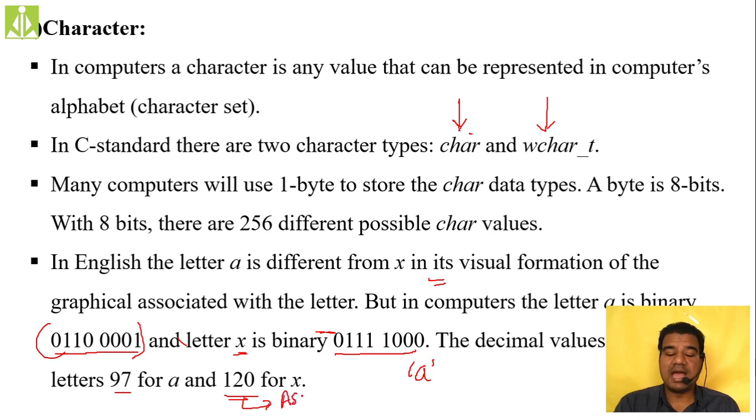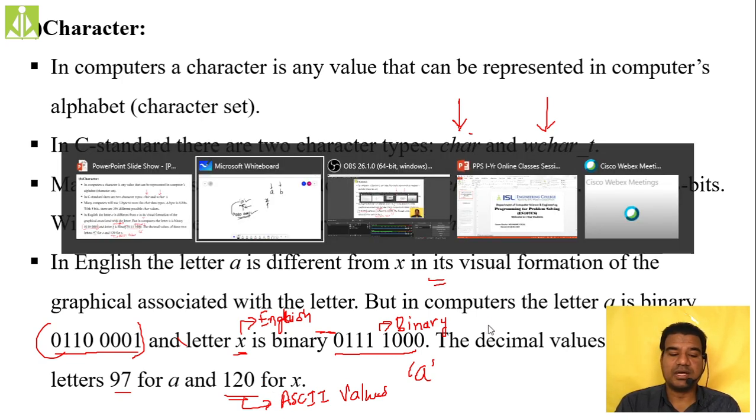So these are binary equivalents, these are ASCII equivalents, and these are English letters. Likewise, you have to remember English letters, ASCII notations and binary equivalents. All these things you have to remember.